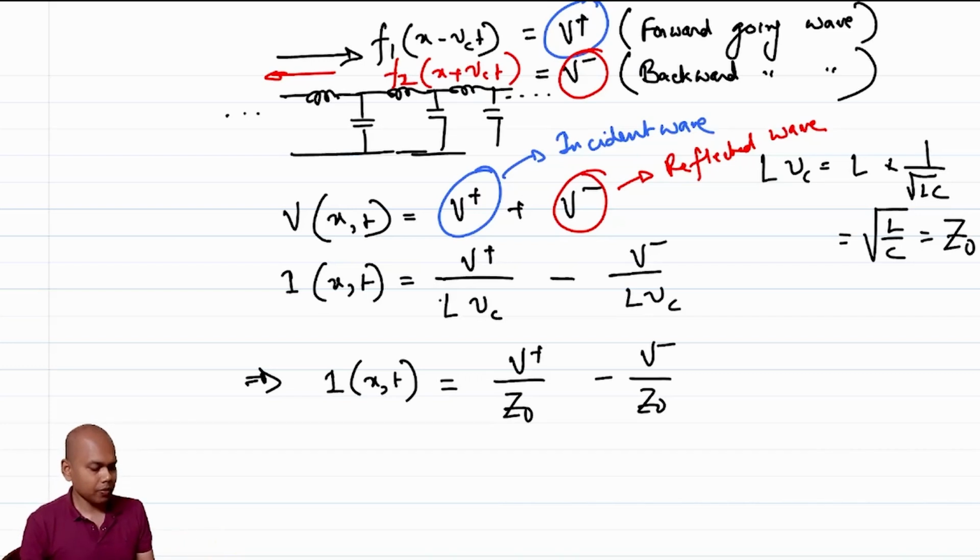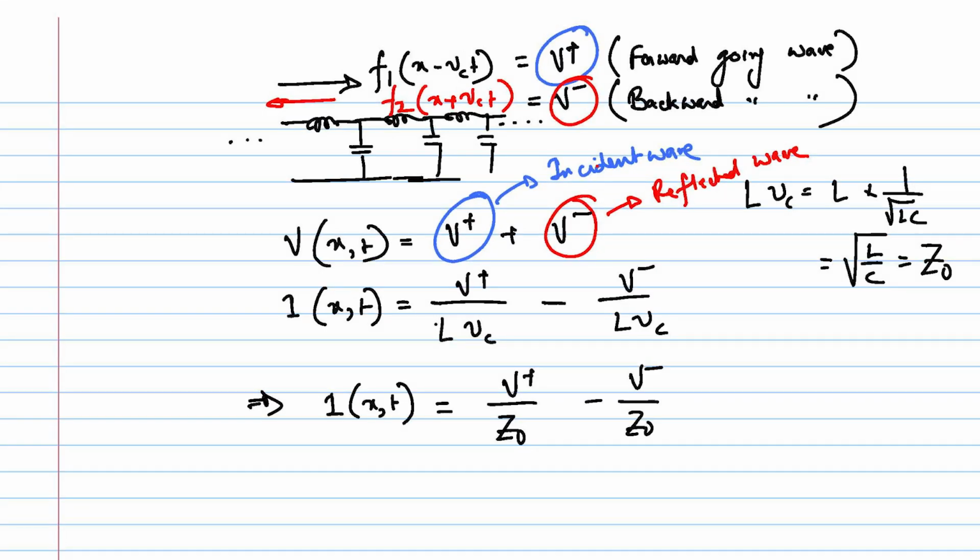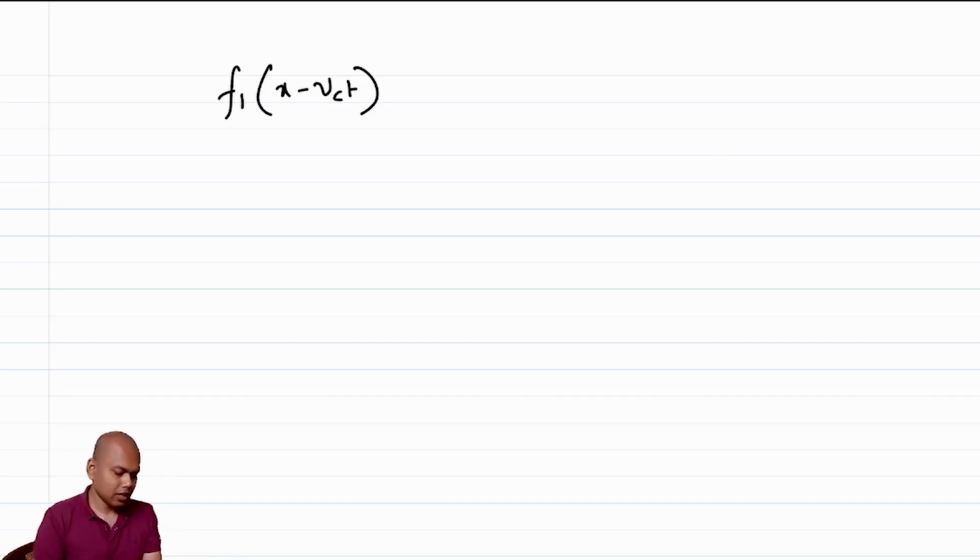So now that we have a certain amount of intuition as to what is happening in a distributed transmission line, it's time to ask the question, why don't we see these effects in smaller dimensions, right? So in order to understand that, let's again go back to that analogy of, let's say I have this voltage wavefront which is f1 of x minus vct, right?